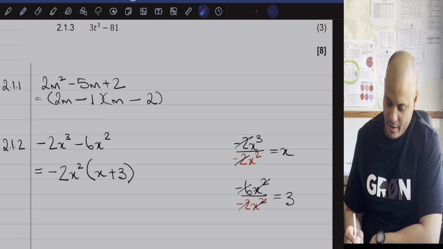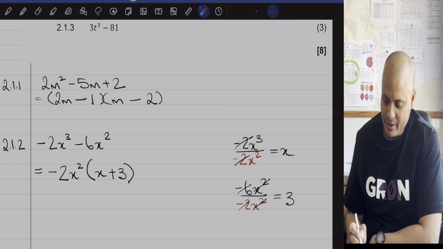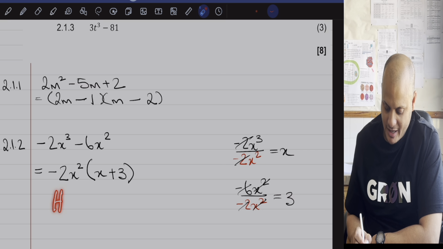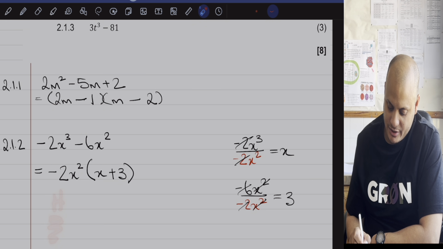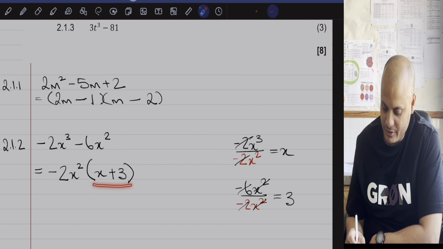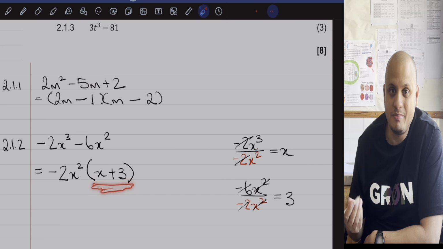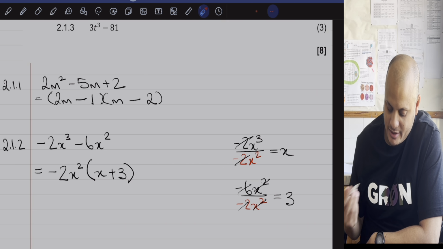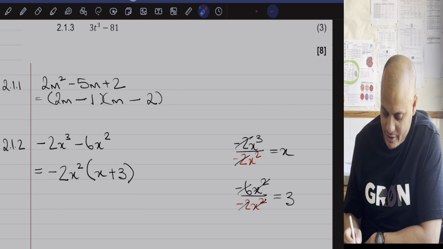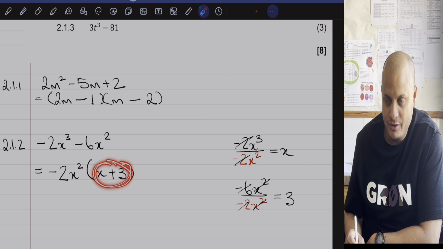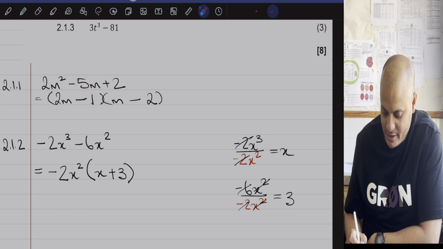You'll notice that when you've taken out the HCF, the highest common factor, and you're done factorizing, you should not be able to take out the highest common factor again. That's the whole point of taking out the biggest one, so that you don't have to factorize again. If you did not take out the biggest one and you find that you still can take out the HCF again, you can just repeat the process and you will just have an extra step or two.